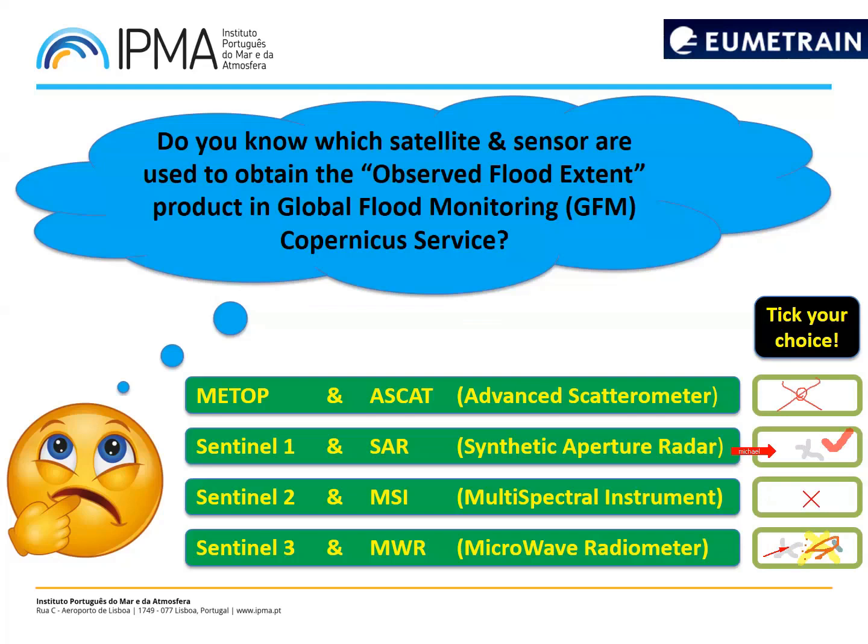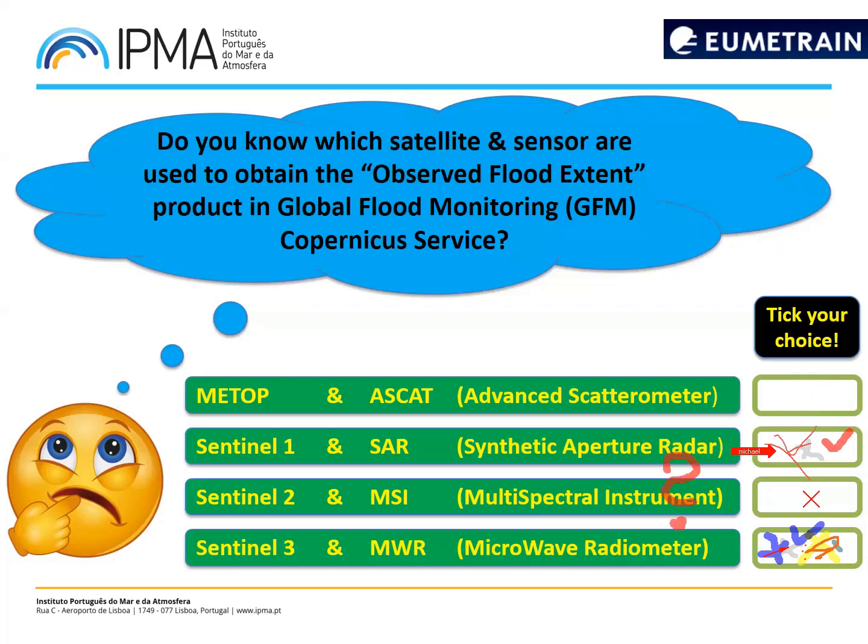So I see we have 1 or 2 in METOP and ASCAT. We have 1, 2, 3, 4 in Sentinel-1 with SAR. We had just 1 in Sentinel-2 with multispectral instrument. We have a lot on the microwave radiometer in Sentinel-3.